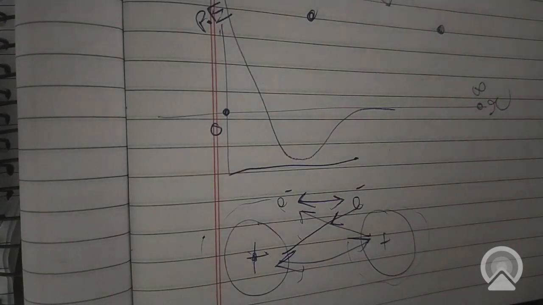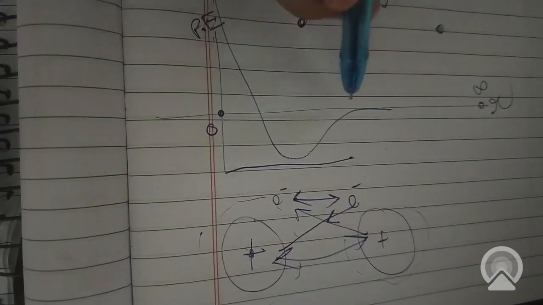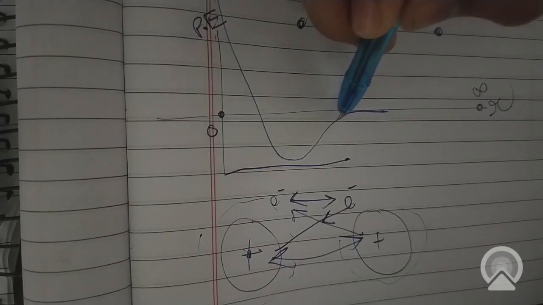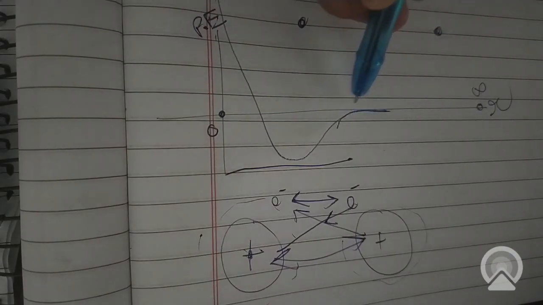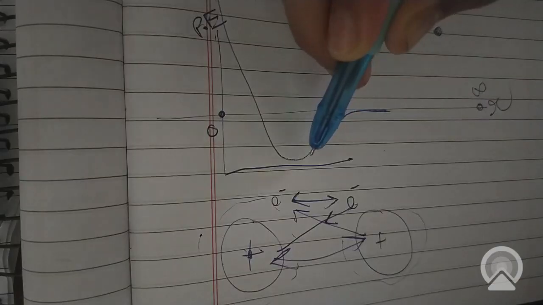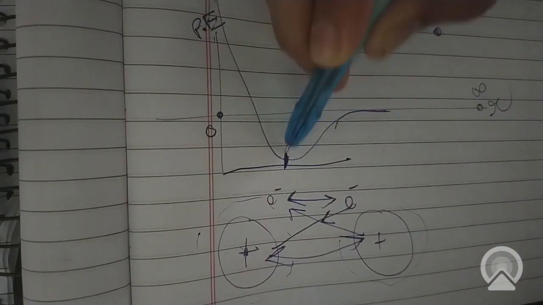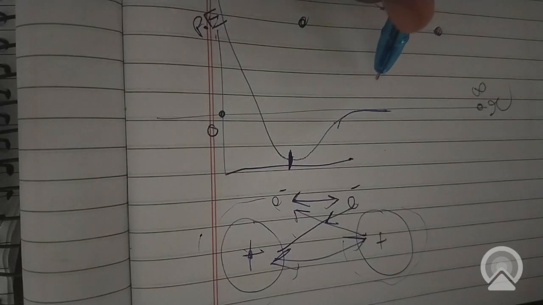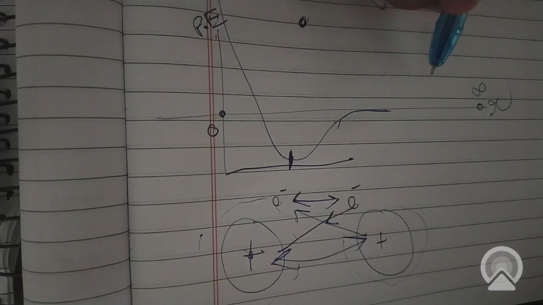But in this graph, when I say the distance is reducing, and I reach a point here, that means if I'm able to reduce the distance and there is a loss in potential energy, that means the attractive force is dominating the repulsive force.